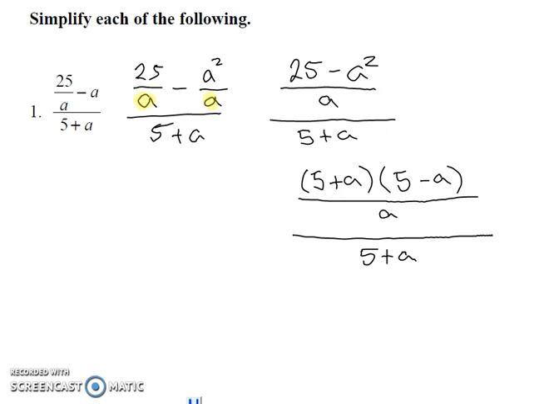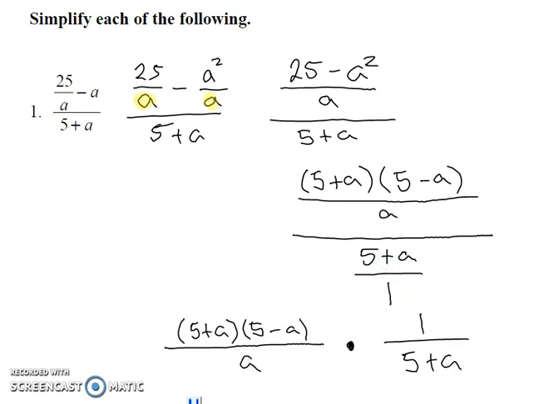Don't forget that 5 plus a can be written as 5 plus a over 1, similar to how this a was able to be written as a over 1 to help rewrite it as a squared over a. So what we have is a fraction over a fraction, and what we're going to do is multiply the 5 plus a times 5 minus a over a times the reciprocal of 5 plus a over 1, which is 1 over 5 plus a.